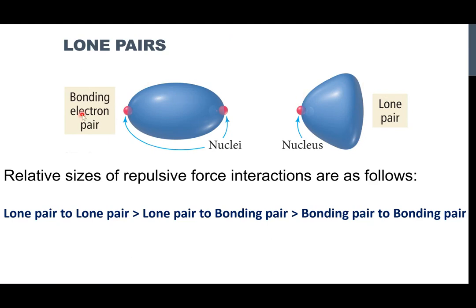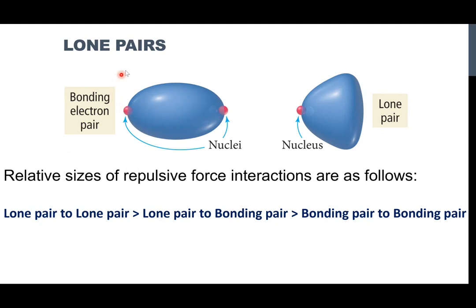And 2, if we look at a bonding pair, we've got our protons that are in our nucleus of one atom. So maybe this is the hydrogen nucleus. And we've got our protons in the nucleus of the other atom. So maybe this is our oxygen nucleus. And when those electrons are shared between these two atoms, they're kind of stretched out or attracted to both of those nuclei.